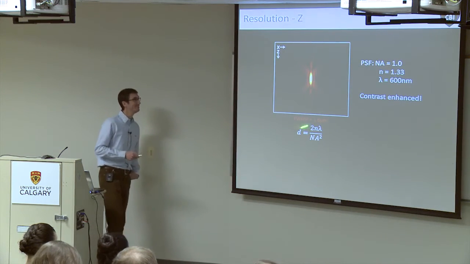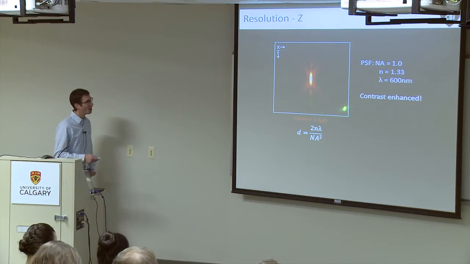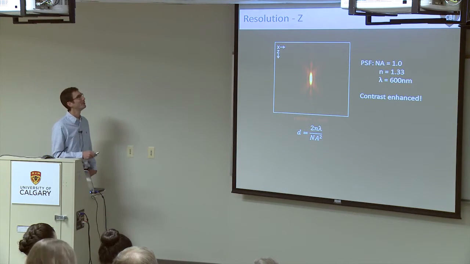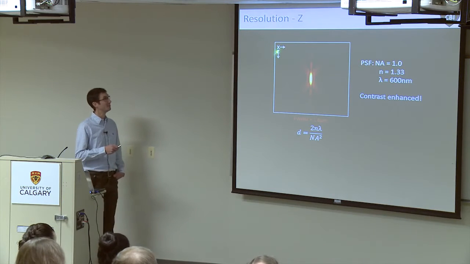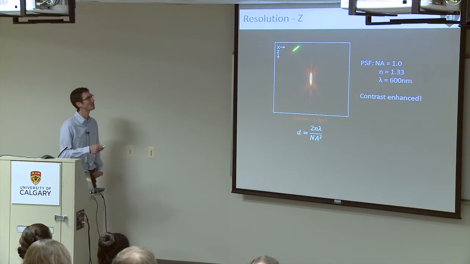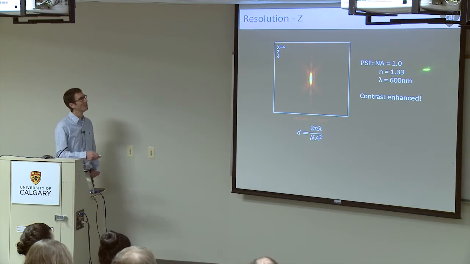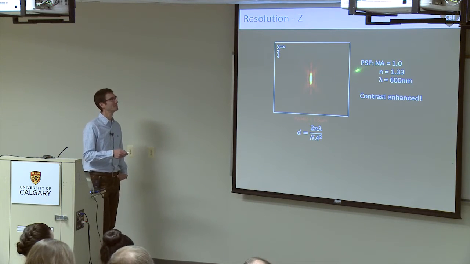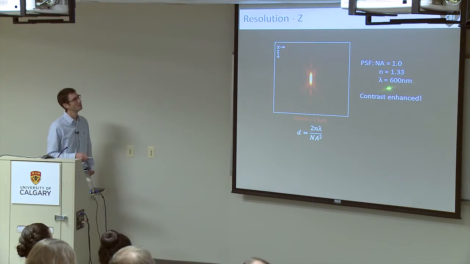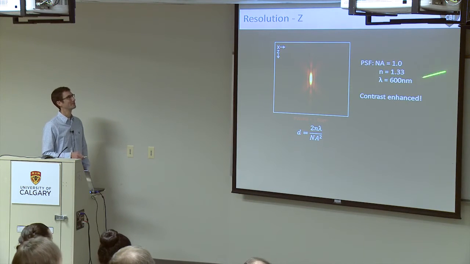So if we look in the Z dimension, our point spread function looks much, much different. So this is an XZ projection of a point spread function. And so here it's the exact same conditions, the same numerical aperture, same refractive index, same wavelength.